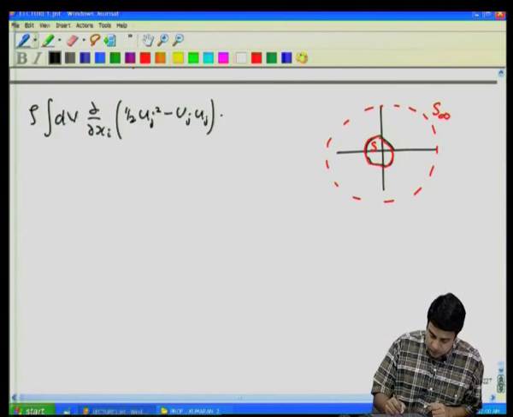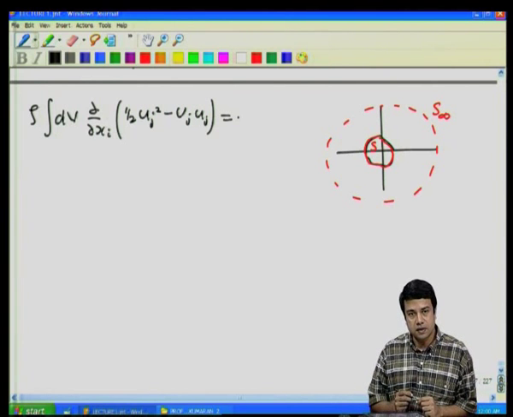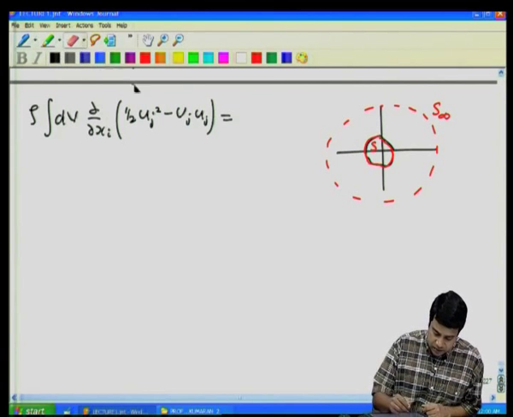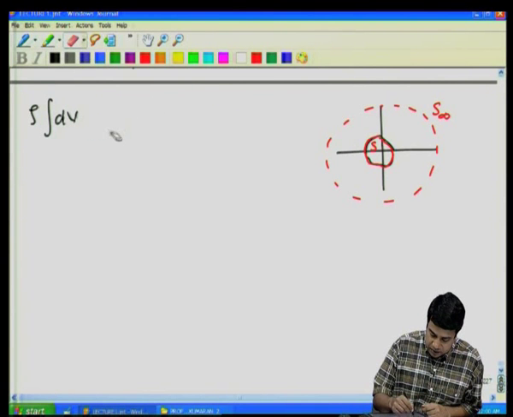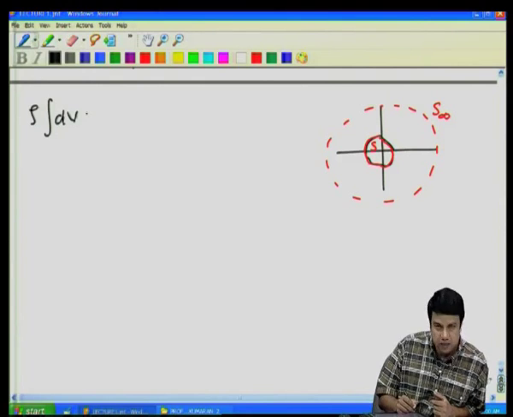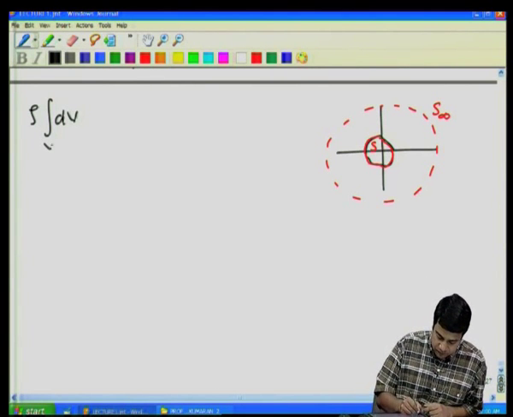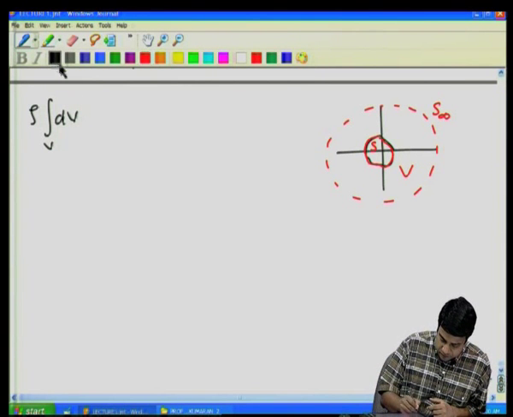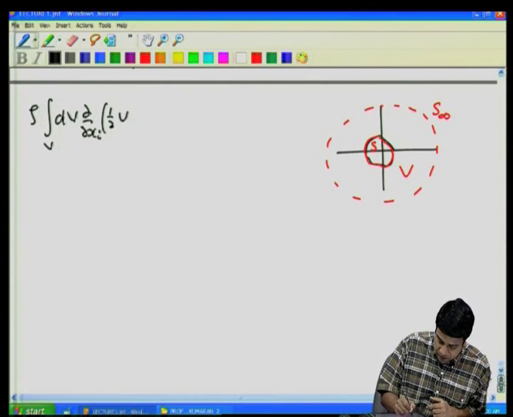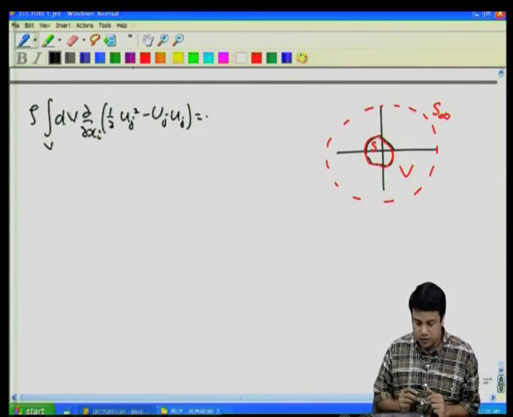that has to be equal to, this is the divergence of something integrated over a volume, can be written as the unit normal times that thing integrated over the surface. I am sorry, the divergence of something integrated over the volume V, where this is the volume V of fluid around the object, partial by partial x_i of half u_j squared minus u_j U_j.